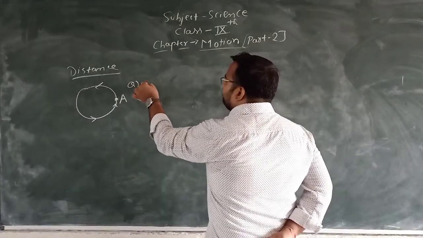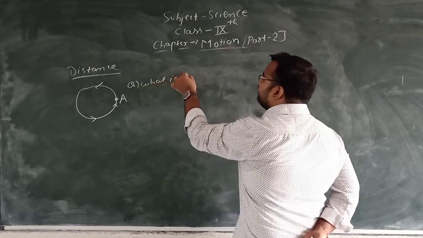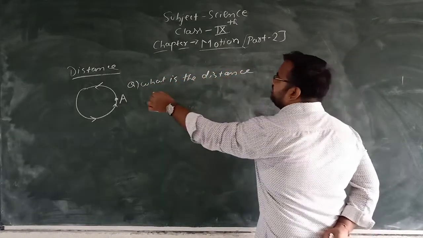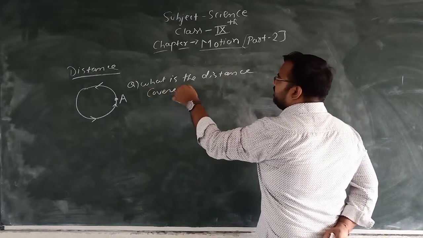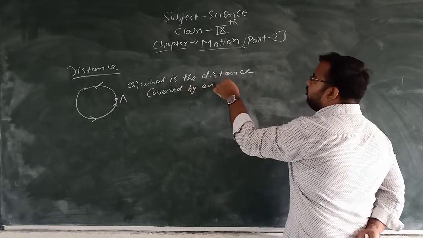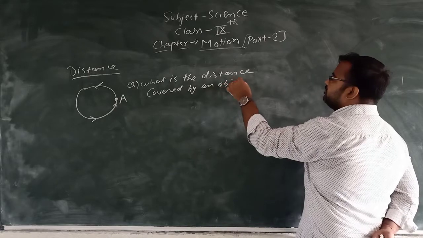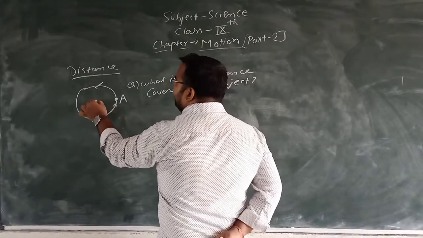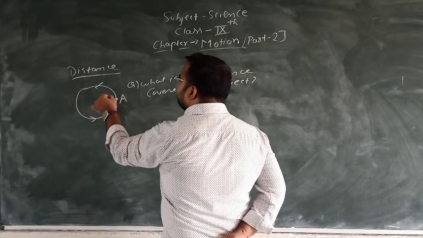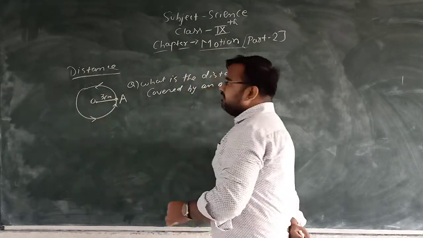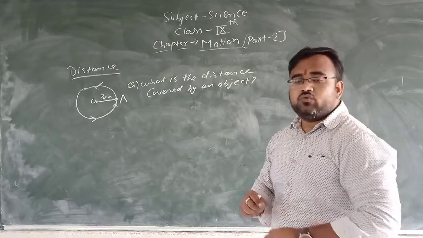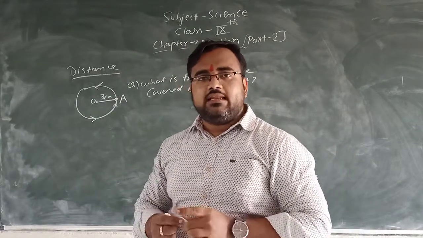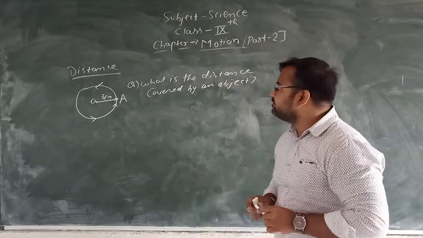Question: what is the distance covered by the object? For example, the radius is 3 centimeter. So pause the video, solve the question, then I'll give you the solution.